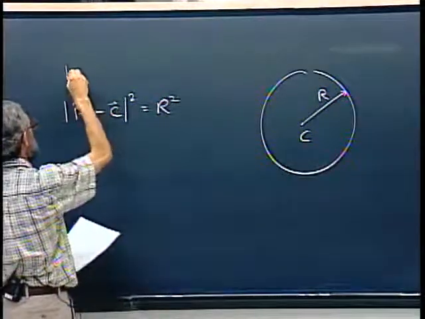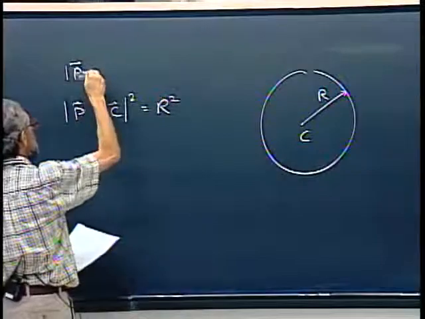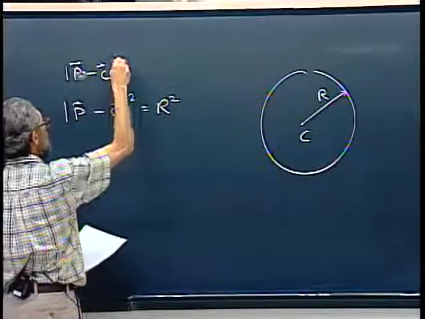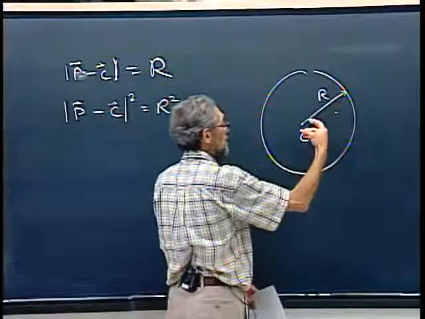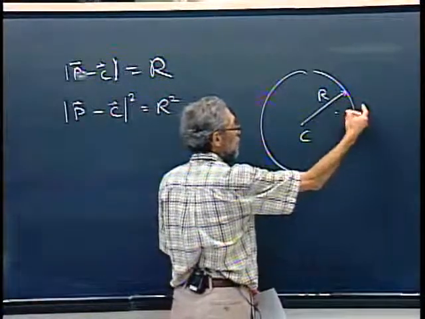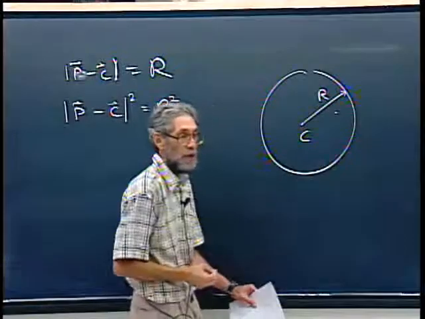Really, I could just say the distance, p minus c, equals r, right? This point here has less than r distance, this point here has more, and one that's right on the sphere, it'll be equal.